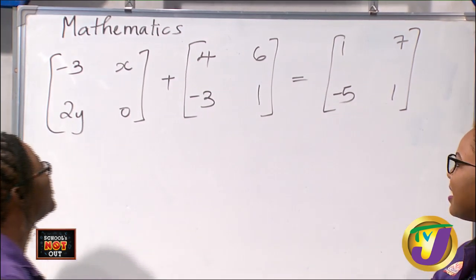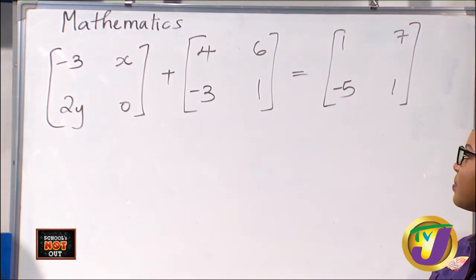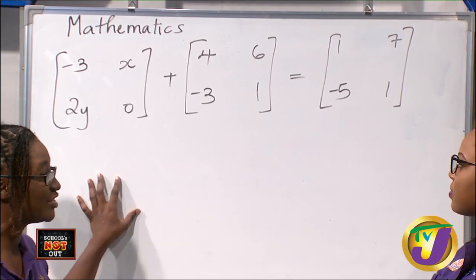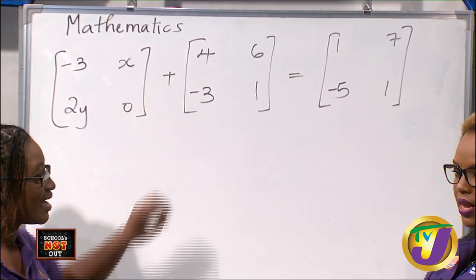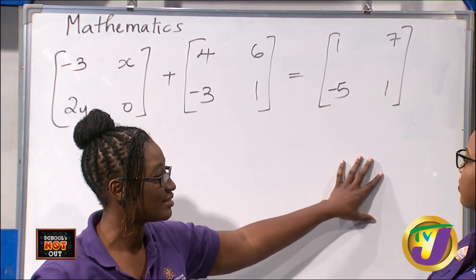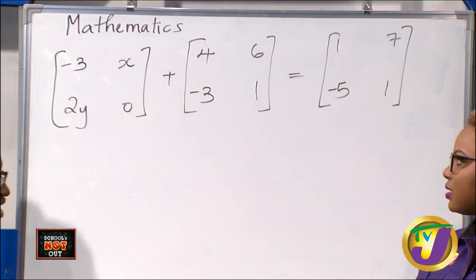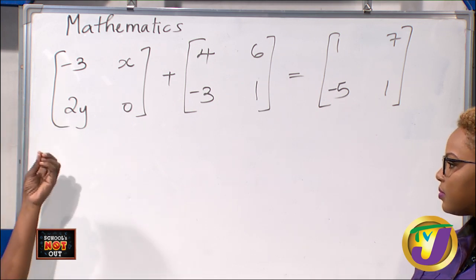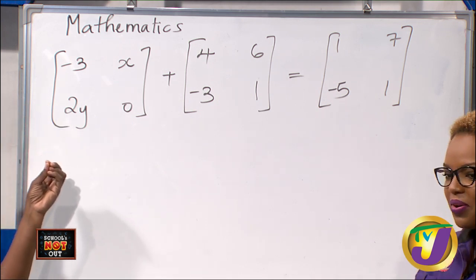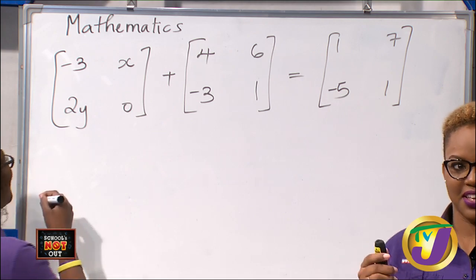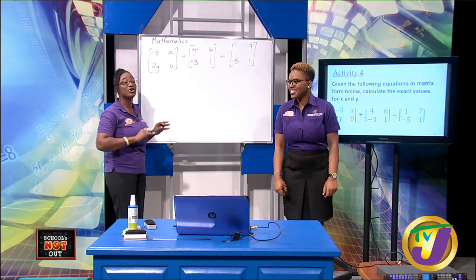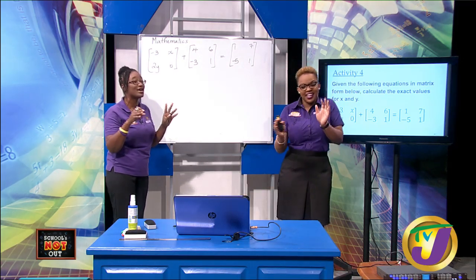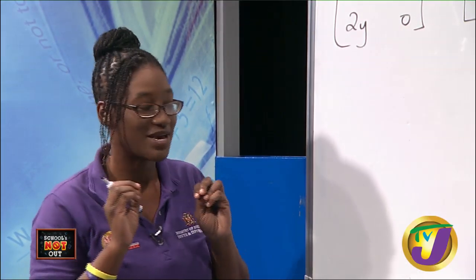All right, so here on our left-hand side we have 2 matrices that we're to add, and it's equal to this matrix on the right-hand side. I'm going to go ahead and add the corresponding elements.